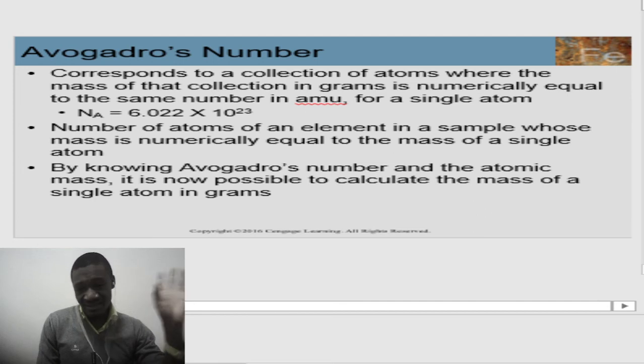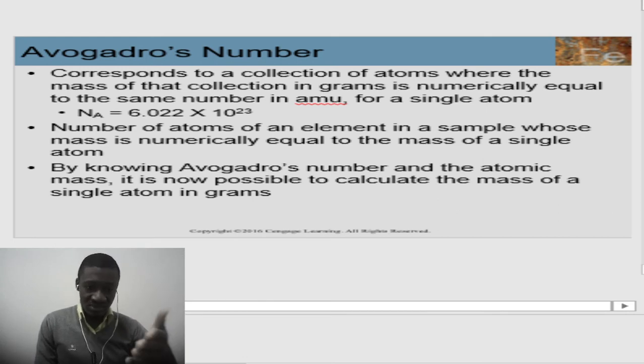Basically, we use Avogadro's number to convert atomic mass units to grams. Anytime we want to convert atomic mass units to grams or vice versa, we work with Avogadro's number, which is our constant. You can find this on your calculator. Most calculators that have values for constants give you Avogadro's number there.